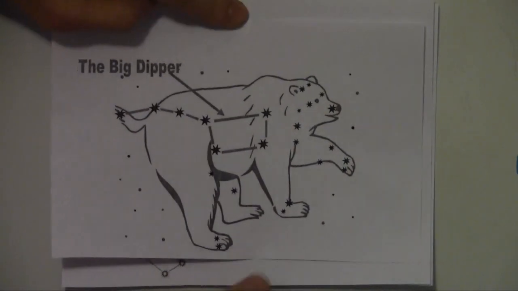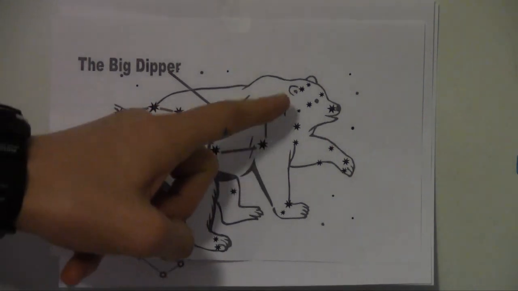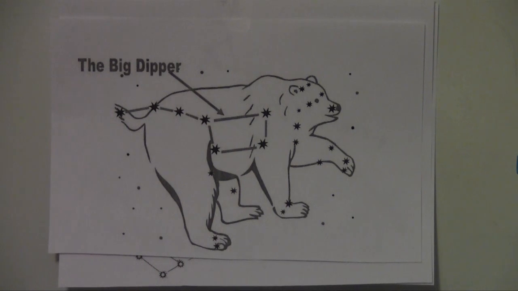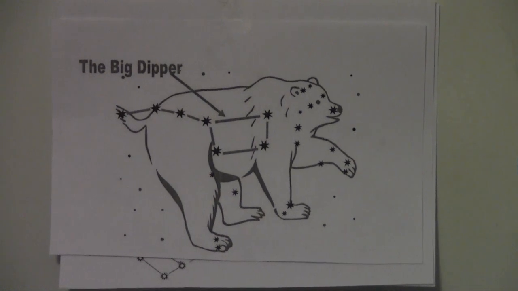So, right here, the whole bear is Ursa Major, while the dipper shape there is the Big Dipper that most people see in the sky. Oh, and did you know in England they call this constellation Charlie's Wagon? Just a little fun fact.